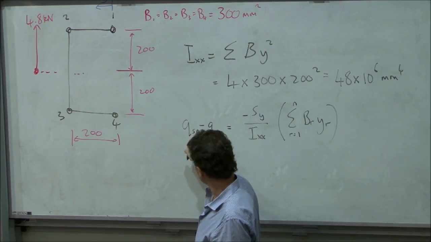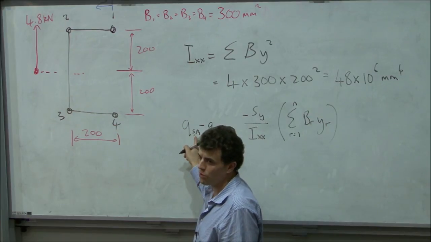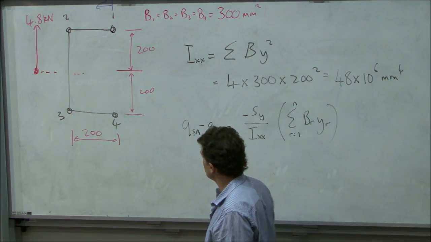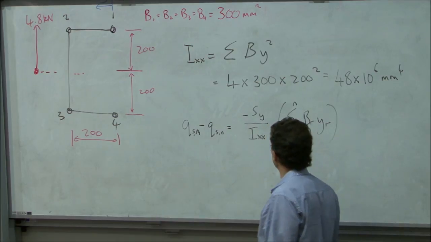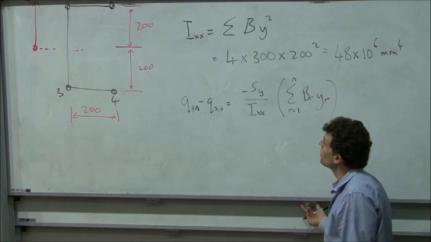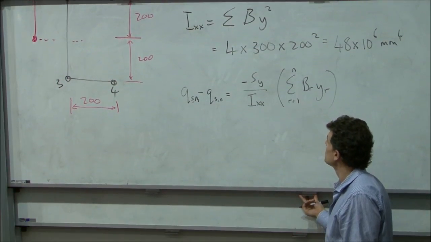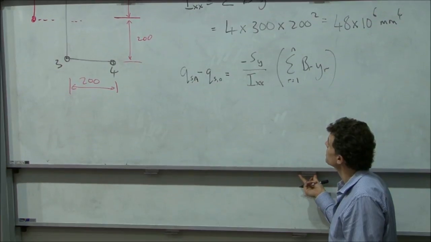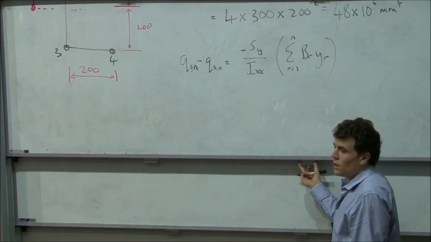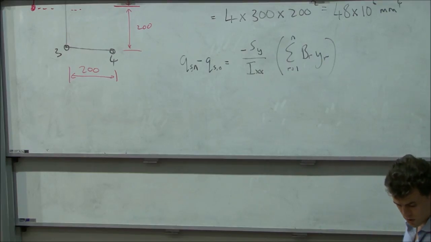Because what we're really finding with this formula is the shear flow after n booms, so in the nth panel. So what can we assume about QS naught for this problem?